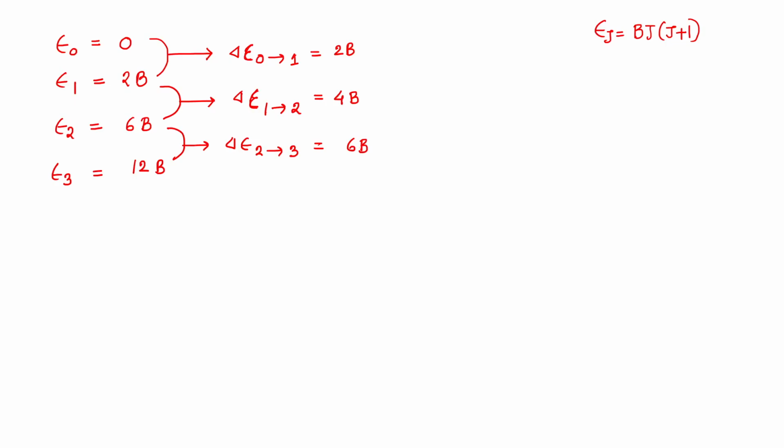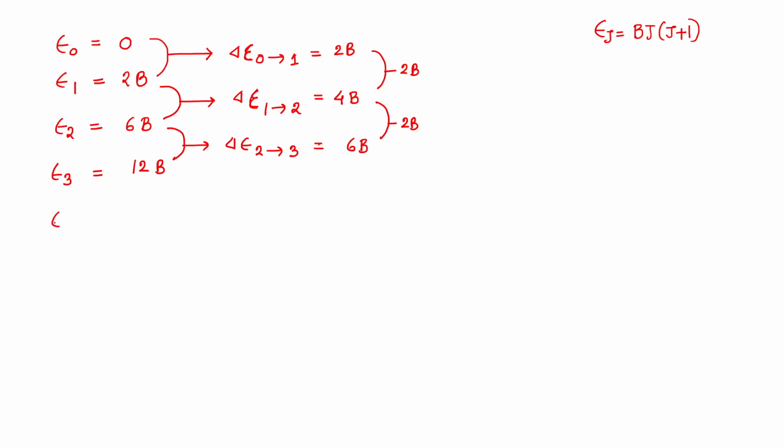Now you see the interesting thing: the gap between these transition lines or rotational lines, what you are going to measure in your spectrophotometer, is always a gap of 2B. Here also 2B. For this transition also you are going to get 2B.